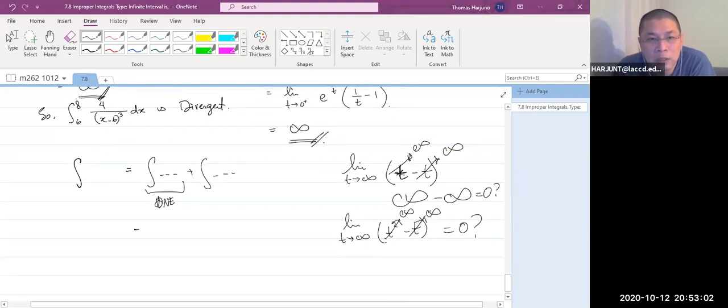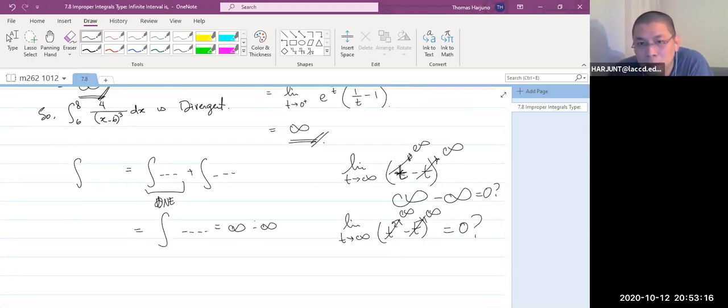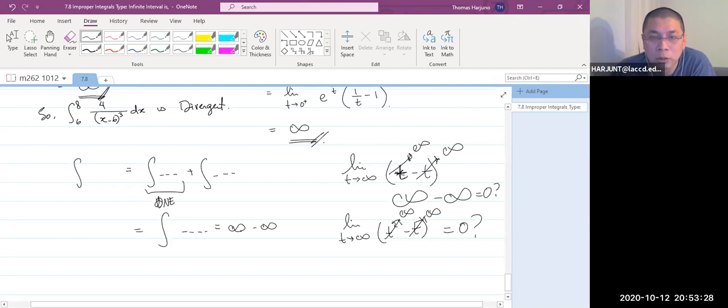Okay, but simply because this integral here consists of infinity minus infinity, now you cannot do that yet. They are still under condition of limit. The thing is, can you kill that before you plug in t equals 0, or when t goes to infinity in other case?